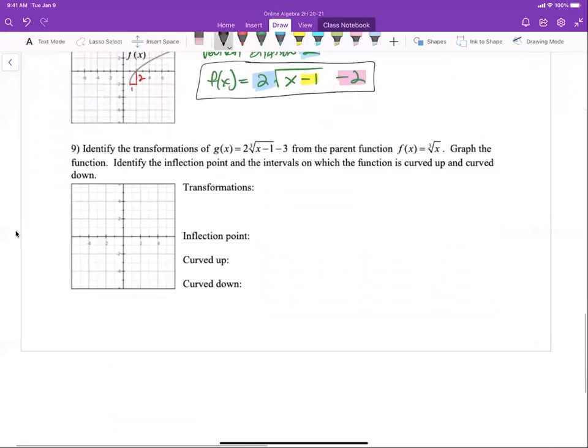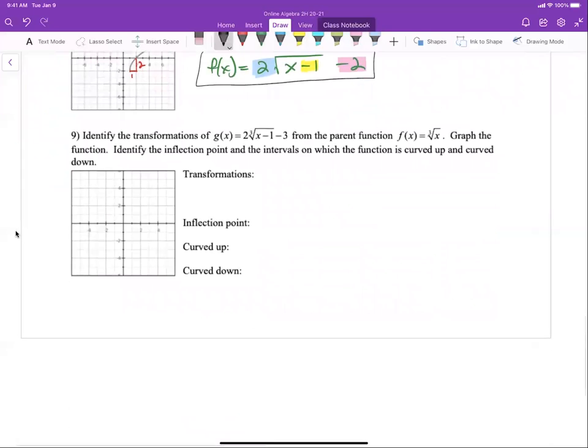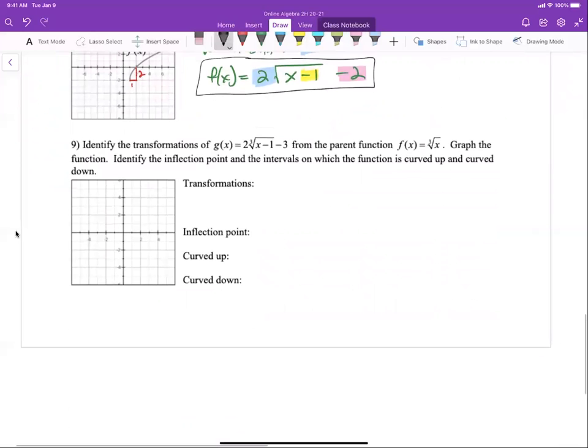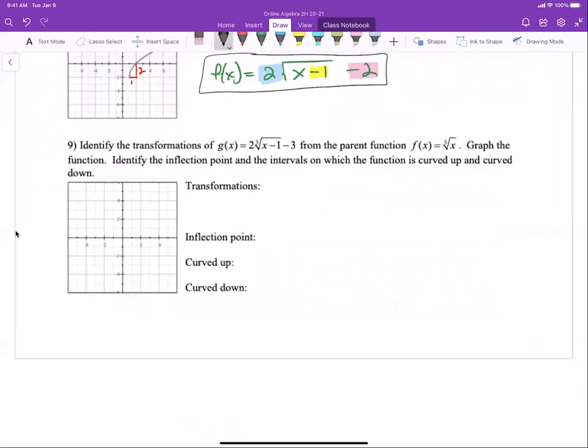Number 9, identify the transformations of g of x equals 2 times the cube root of x minus 1, minus 3 from the parent function and graph the function. And then identify some other things. All right, so let's look at the transformations. This 2 is a vertical dilation of 2.